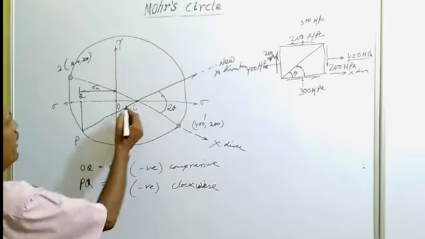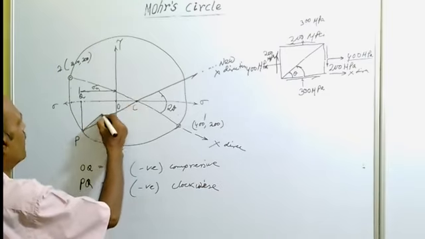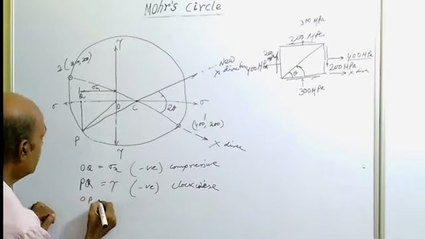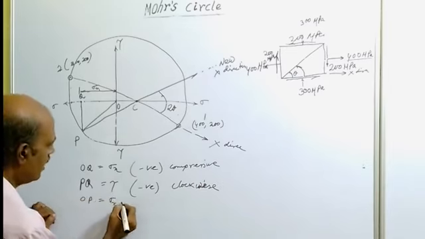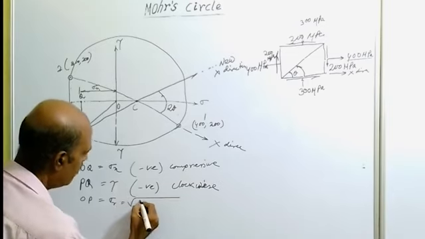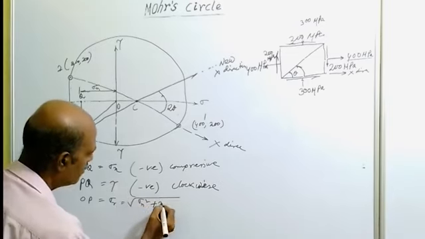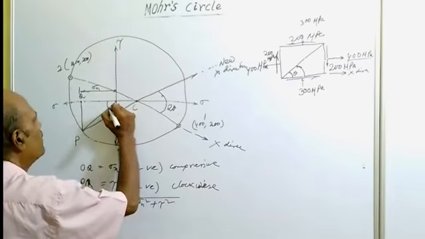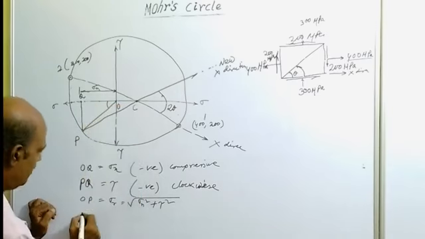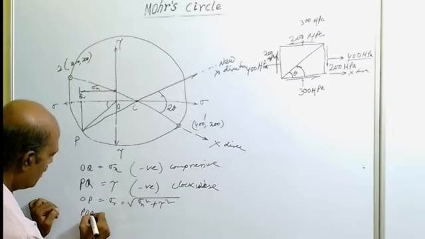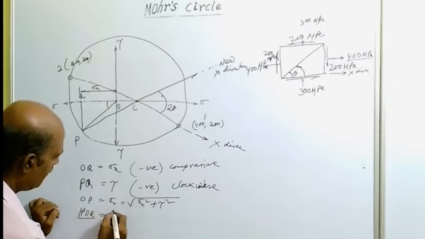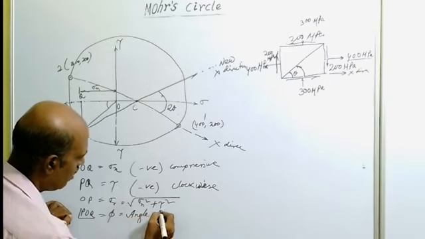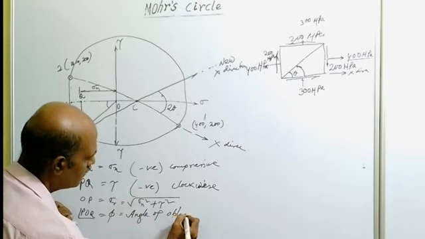Next, join O to P. So OP distance will be your sigma r, and analytically it is given by root over of sigma n square plus tau square. And measure this angle POQ, that is given by phi, is known as angle of obliquity.